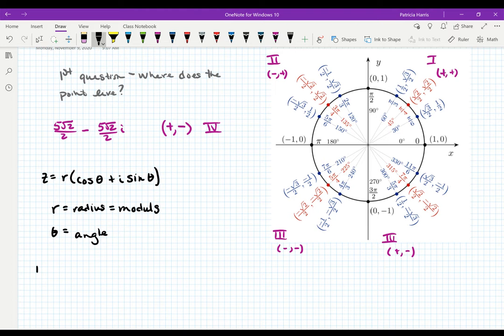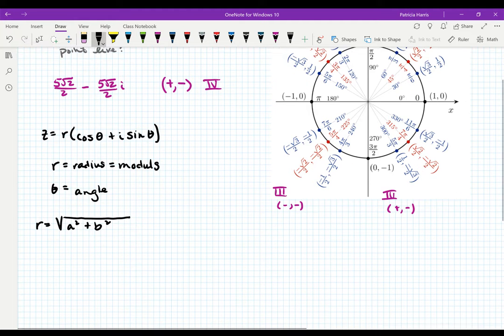So r is equal to the square root of a squared plus b squared. Now, I know that our a and our b have a radical and are also fractional, but this is not a big deal.